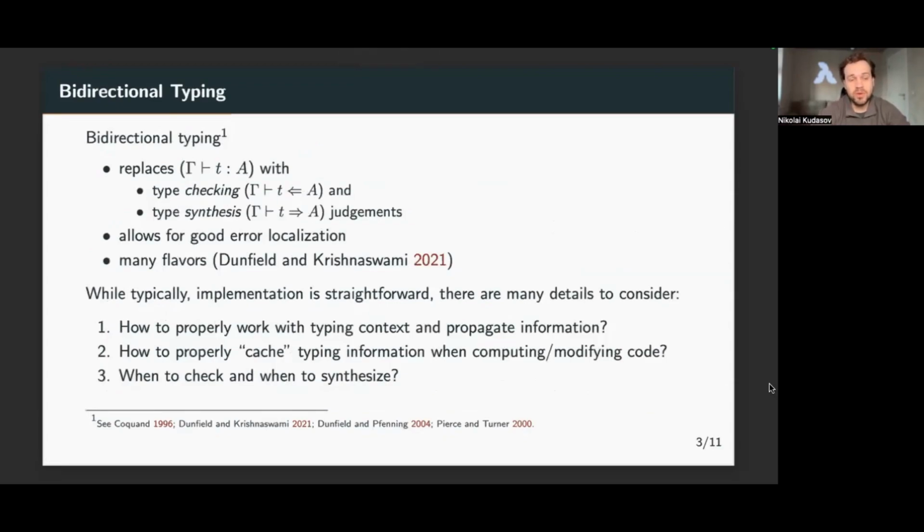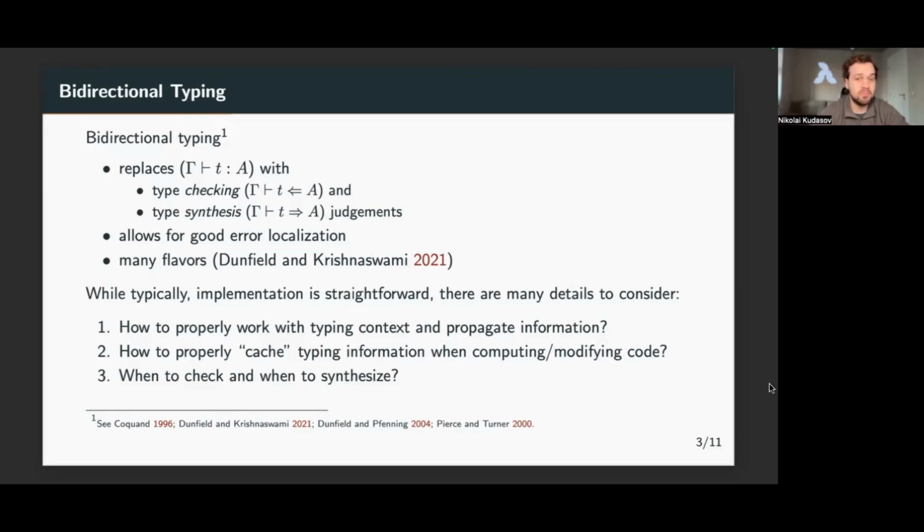The main idea of bidirectional typing is to replace declarative typing judgment with directional judgments for type checking and type synthesis. This makes the flow of information more explicit in the typing rules, revealing what would normally be hidden in the implementation. The usual flavor of bidirectional typing allows for local type synthesis, that is, when synthesizing a type, we only rely on the information about the subterms, not about the outer context.